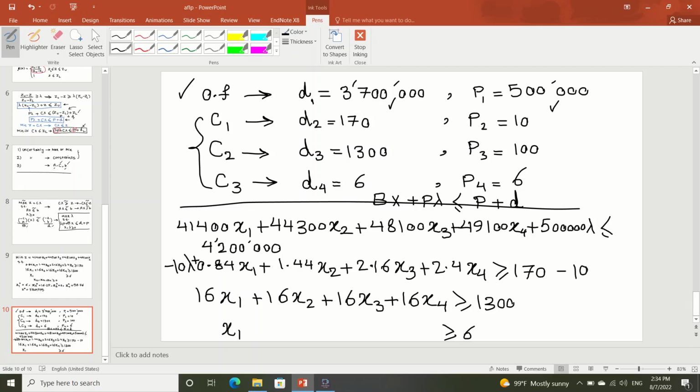For the second constraint also we can subtract the 100 lambda from the expression and then minus 100.